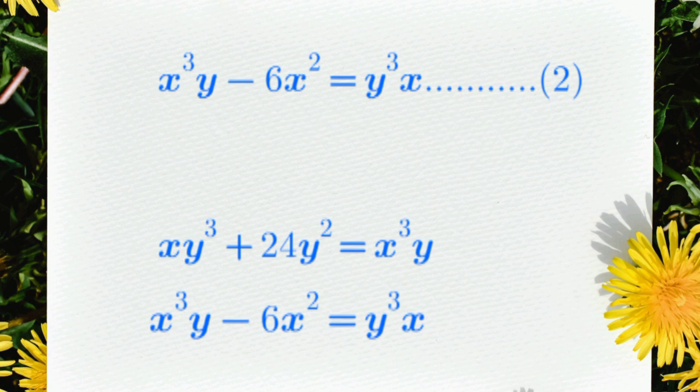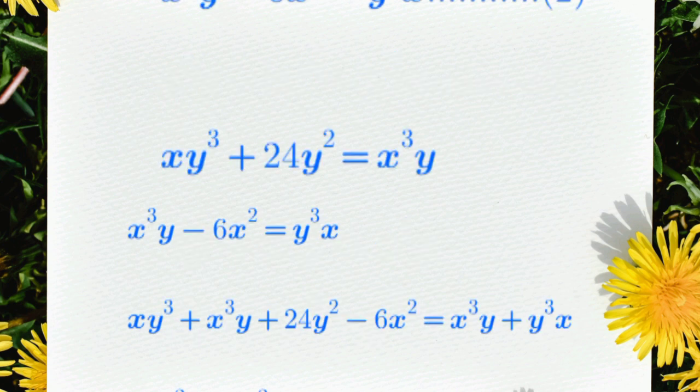Now when we add these two equations, starting from the left hand side we have xy cubed plus x cubed y plus 24y squared then minus 6x squared is equal to, then over to the right hand side we have x cubed y plus y cubed x.